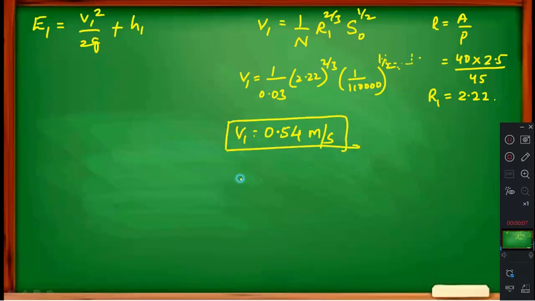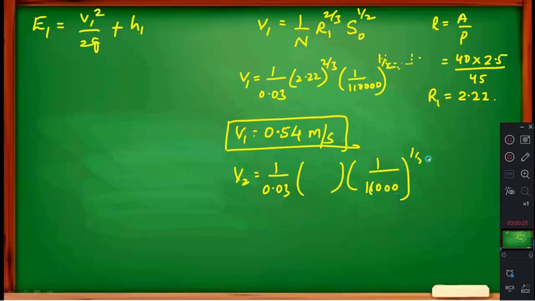Then calculate V2. V2 is equal to 1 divided by 0.03, and the same 1 by 11,000 raised to 1 by 2. Then for V2, what is R2?